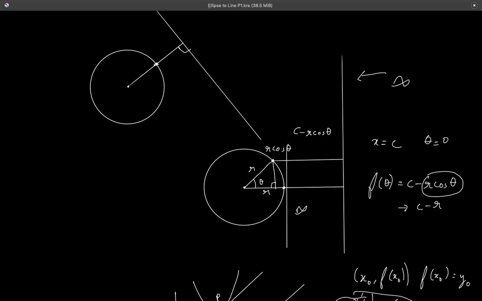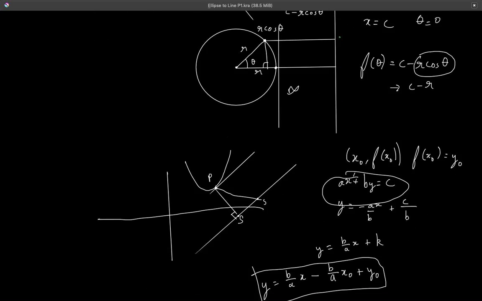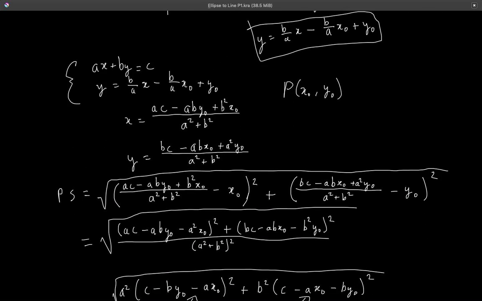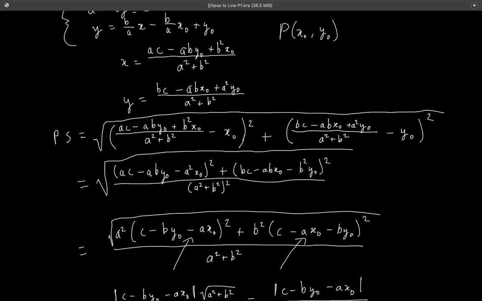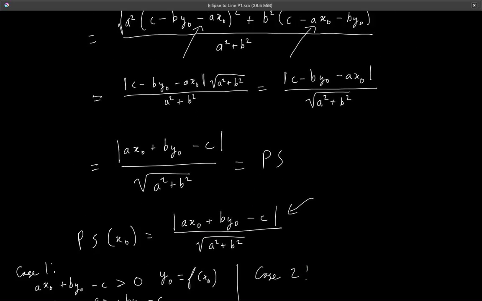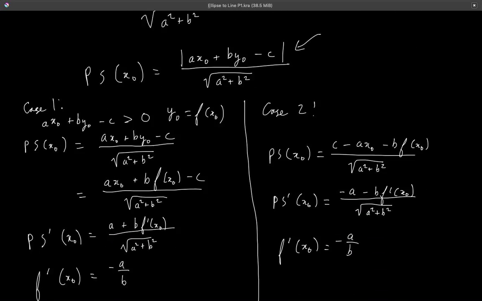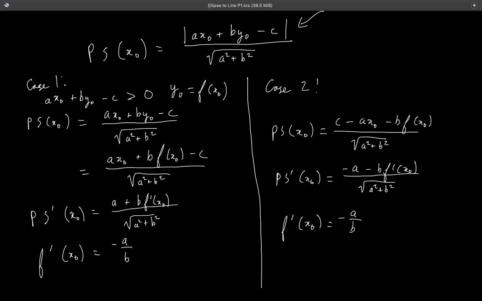To avoid this infinite slope problem, we could just rotate this again, so this is no longer vertical, and then we'd have finite slopes, and we would be perfectly rigorous again. So that concludes the background section of finding the shortest distance between an ellipse and a line.